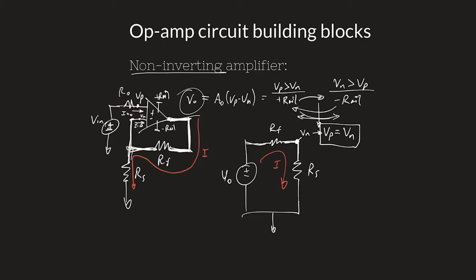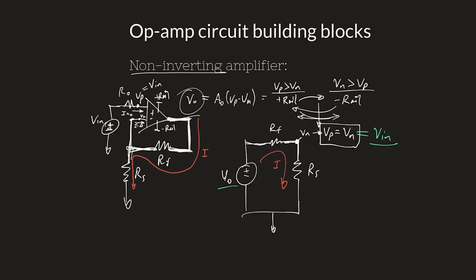So that means my Vp equals Vin. So now we can relate Vin to Vout through this circuit here.